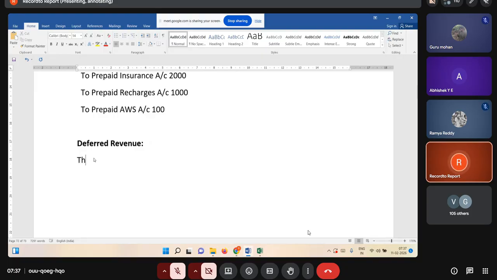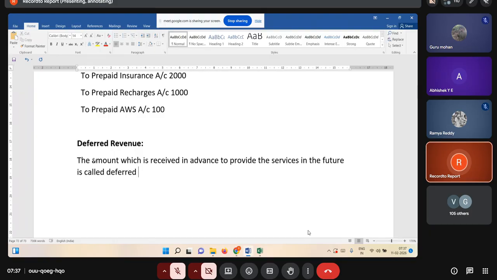So deferred revenue is nothing but the amount which is received in advance to provide services in the future. Services in the future is called deferred revenue.